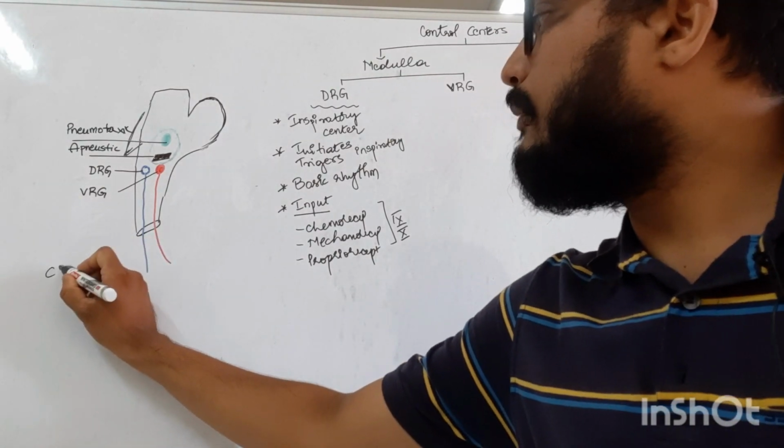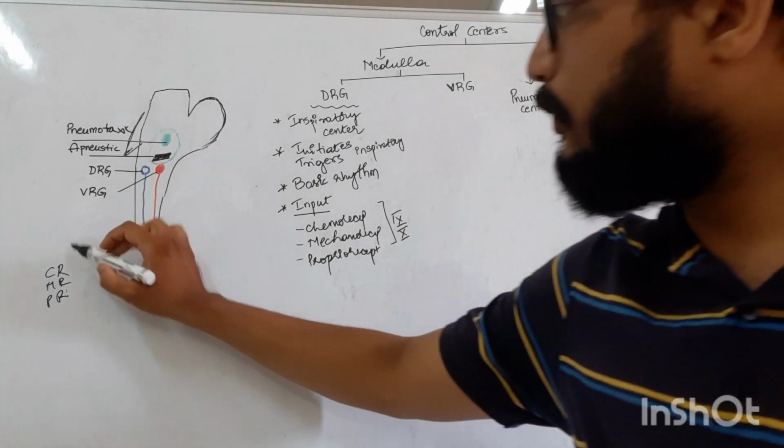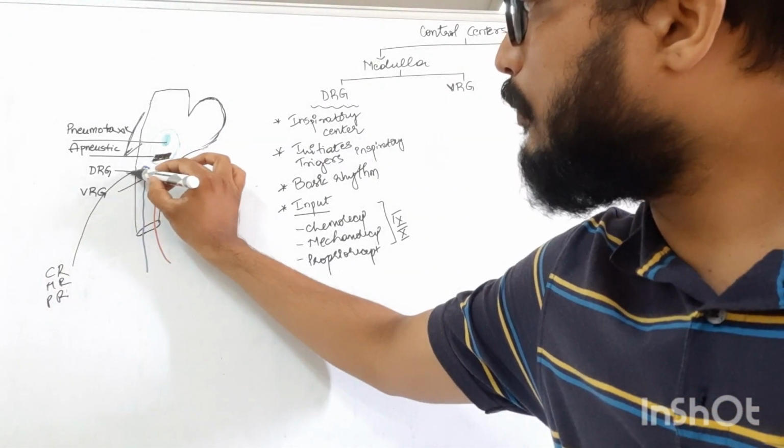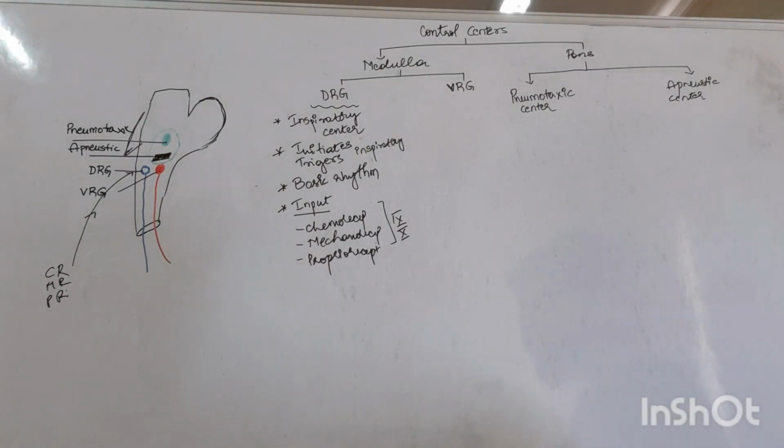So from chemoreceptors, mechanoreceptors and proprioceptors, you do get a sensory input to the dorsal respiratory group neurons.